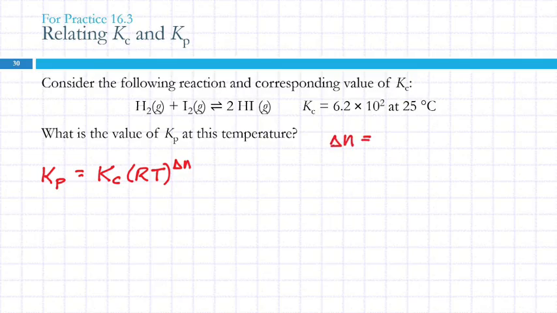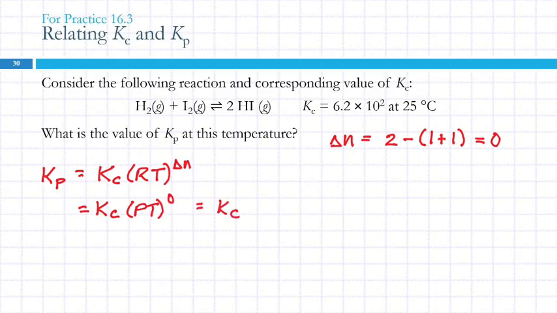So delta N is going to be 2 minus how many moles of gas reactants? 1 plus 1. So that comes out to be 0. Kp equals Kc times RT to the 0, which just equals Kc. So Kp is 6.2 times 10 to the 2. They're not all that easy, sadly. Questions?